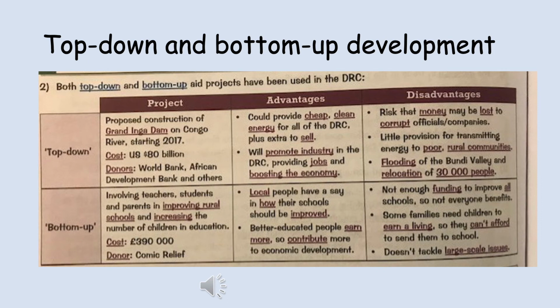The advantages of this particular project is that local people have had a say in how their schools should be improved and therefore have been empowered by the project, and also better educated people earn more money and therefore they contribute more to the economic development of the country.